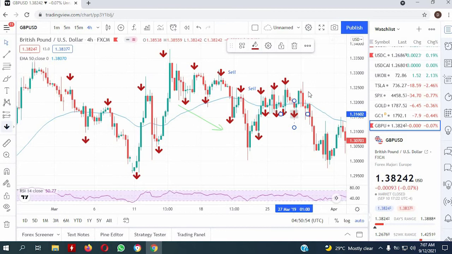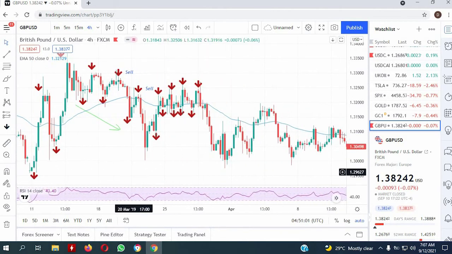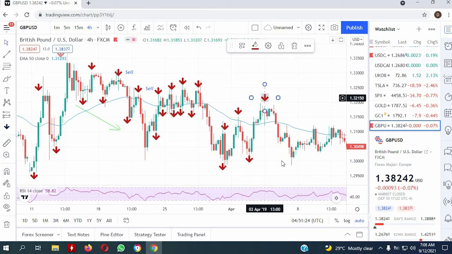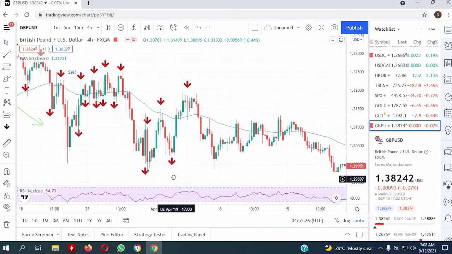No rush, right? So we wait until we have a series of 2 or more lower highs and lower lows. We don't have a trade, right? Until we have a series of lower highs and lower lows, we do not have a sell trade, right? Sell trade does not occur.